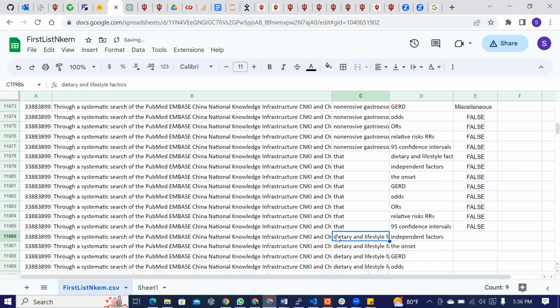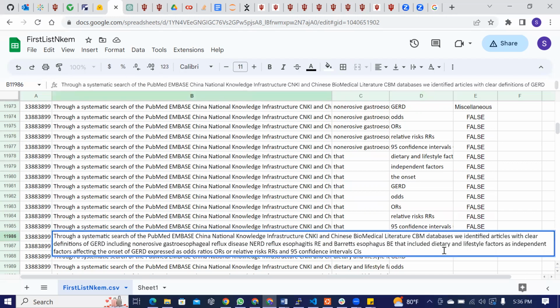Then let's look at the next one, which is dietary and lifestyle, then independent factors. You understand? Look at the dietary and lifestyle. Does dietary and lifestyle have any relationship with the future variables as independent factors?